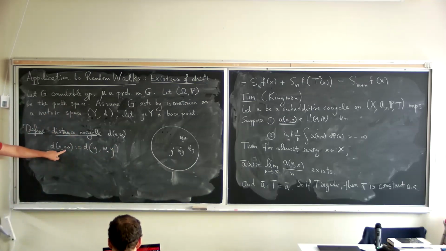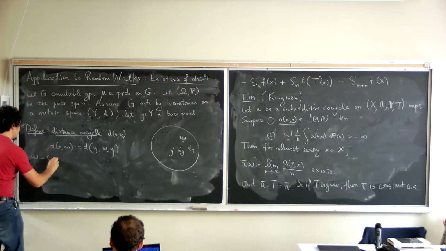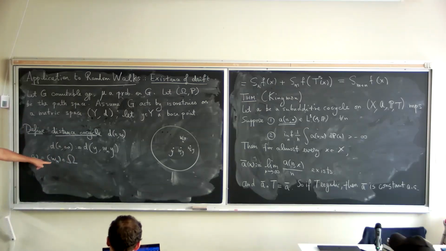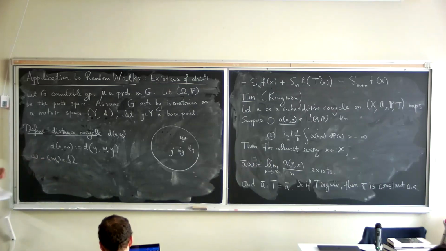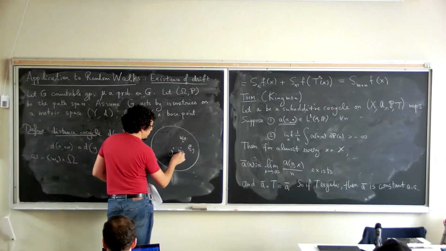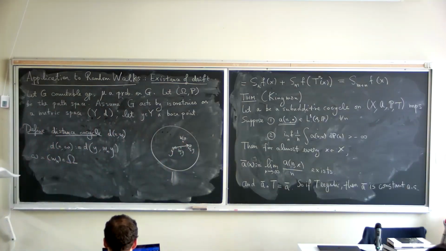So omega here is a point in this big Omega. It's a sequence of random paths, the trajectory of this random walk. You just take the distance between the end step and the first step. This is a metric space, so everything is well defined. We don't need anything else.